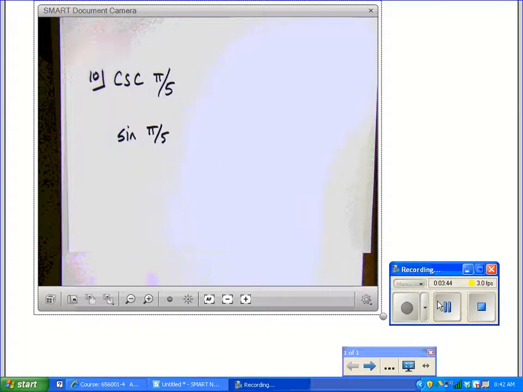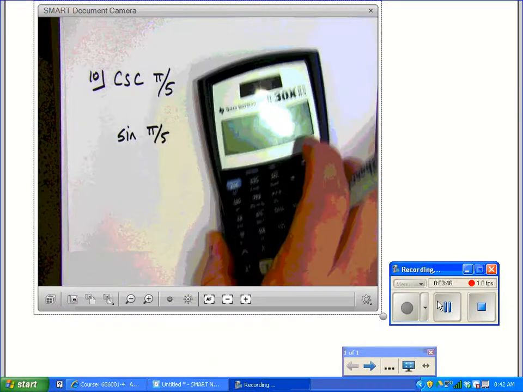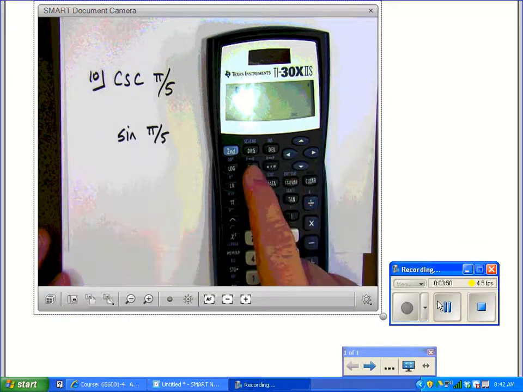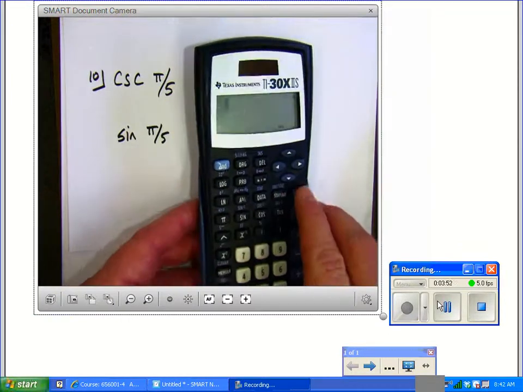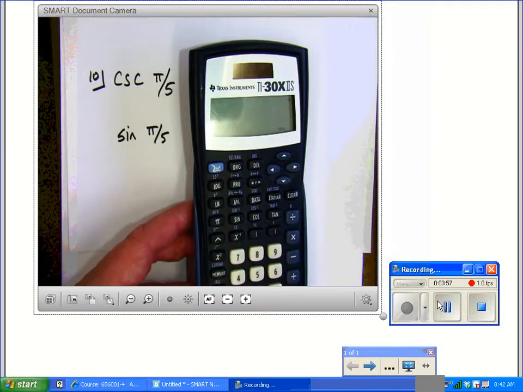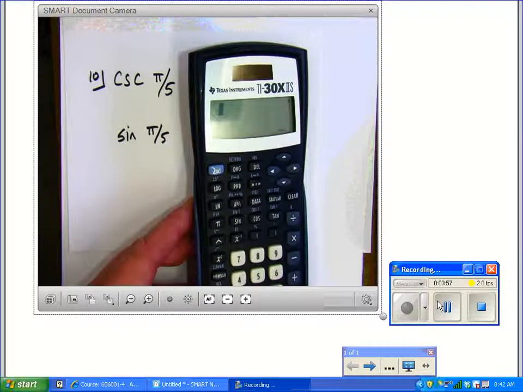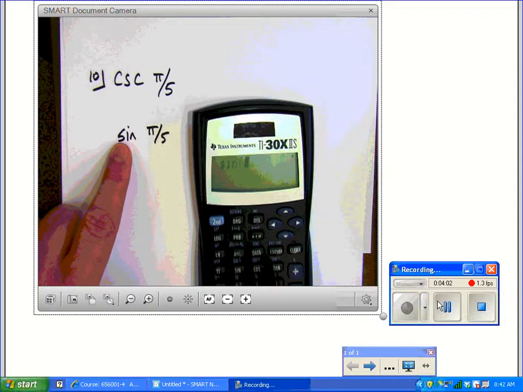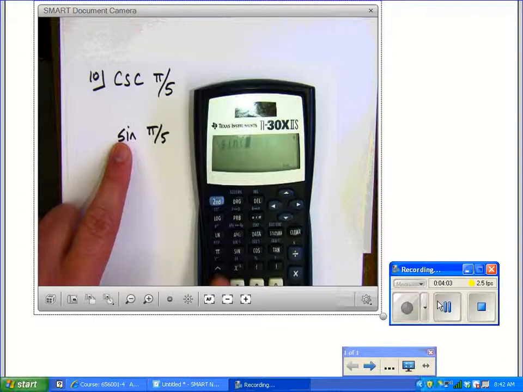I don't have my graphing calculator, but I'm going to switch my scientific calculator into radian mode now. So now it's in radians. Now I can calculate sine of pi over 5. I'm going to do sine, then my pi button, over 5.